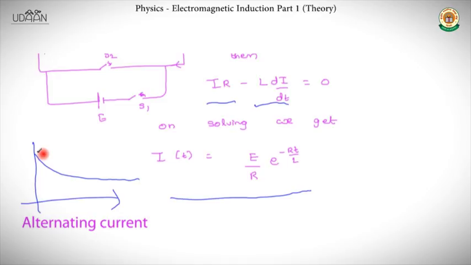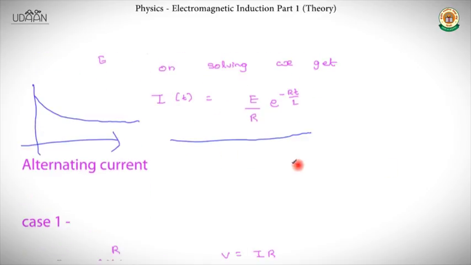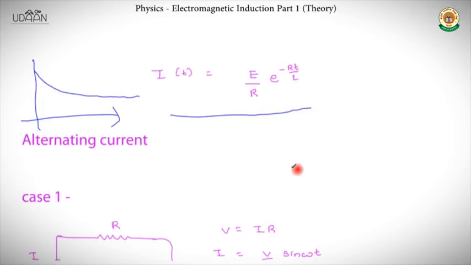So basically this is a decay current, and the expression for I with respect to time is different: in the before case it was E by R into 1 minus e to the power minus Rt by L, but here it is E by R into e to the power minus Rt by L. In fact, the graph also is inverted in shape. That was reaching a maximum value, this actually tends to reach a minimum value. So next we move on to alternating current, that is AC circuits we also call it.